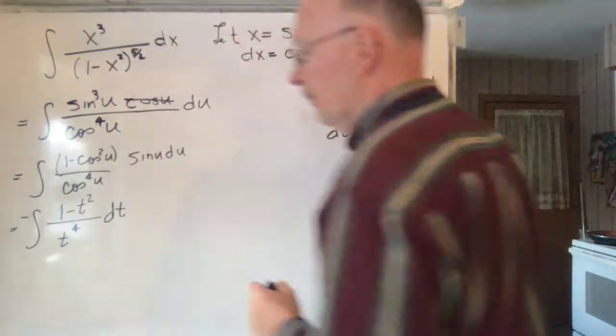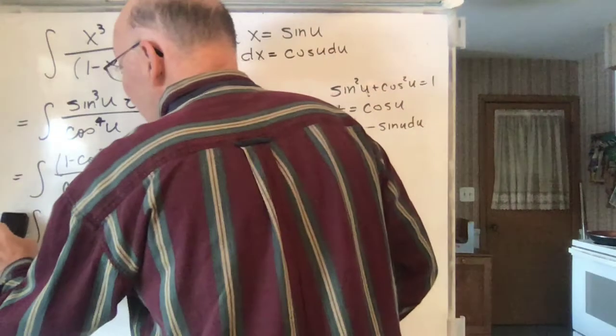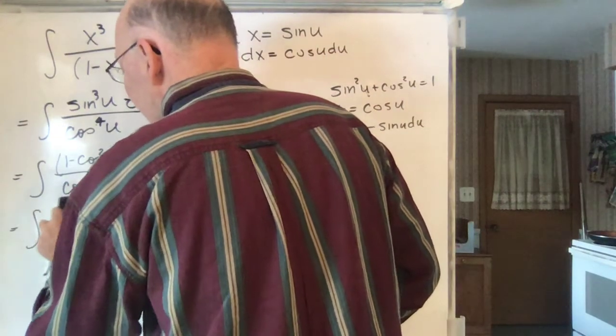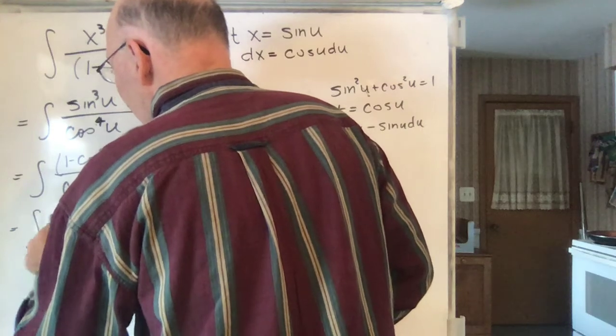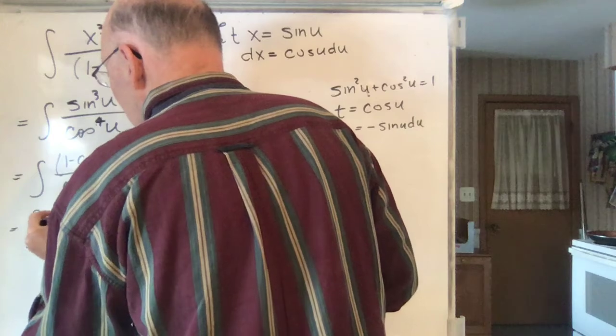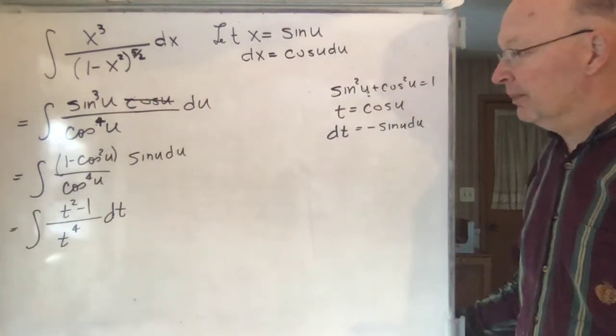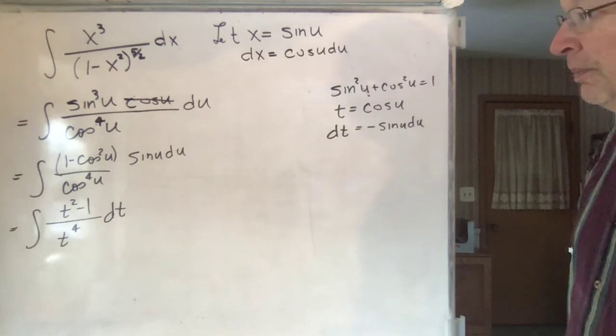So you have that. Or you know what? Instead of making it a negative dt, I just don't like negatives. I'm going to just apply that negative to this and make it t squared minus 1. The fewer negatives you have in your life, the better. Okay? So there you go.